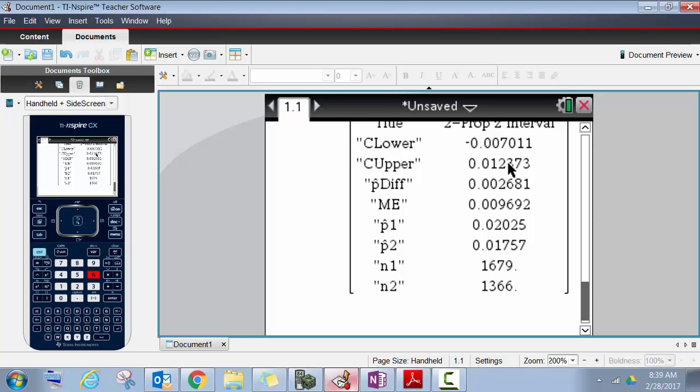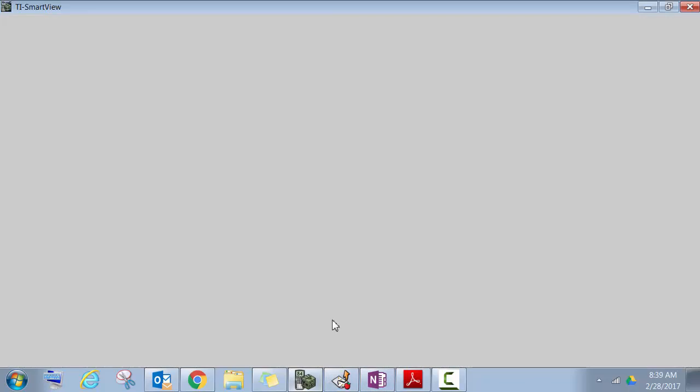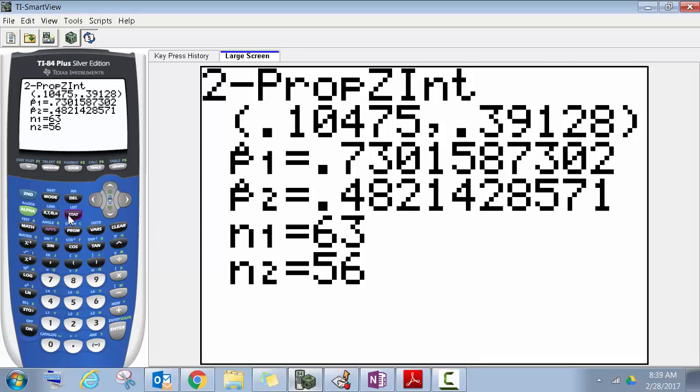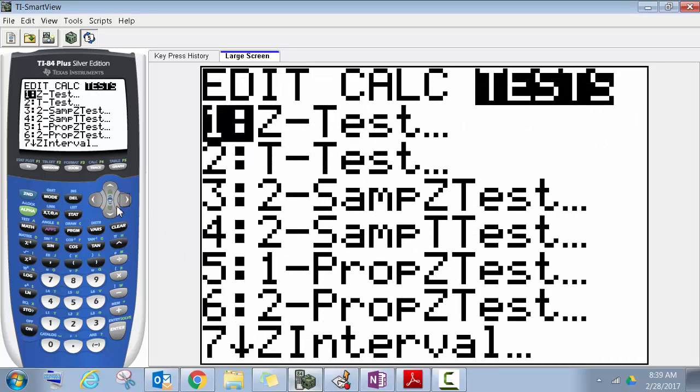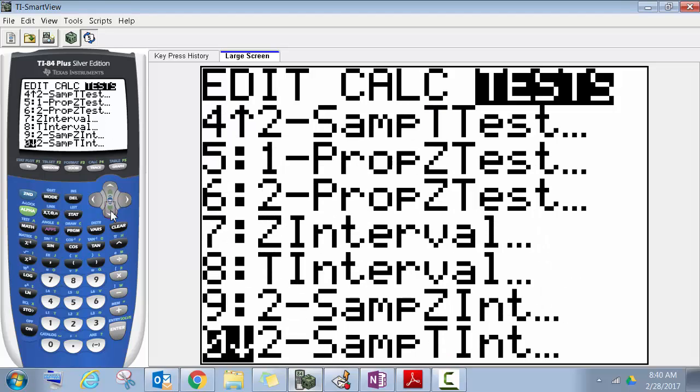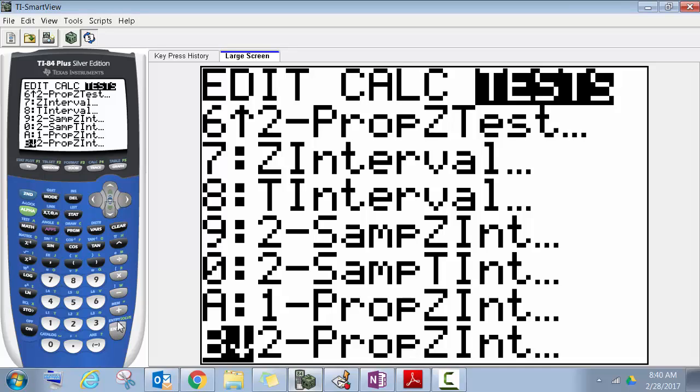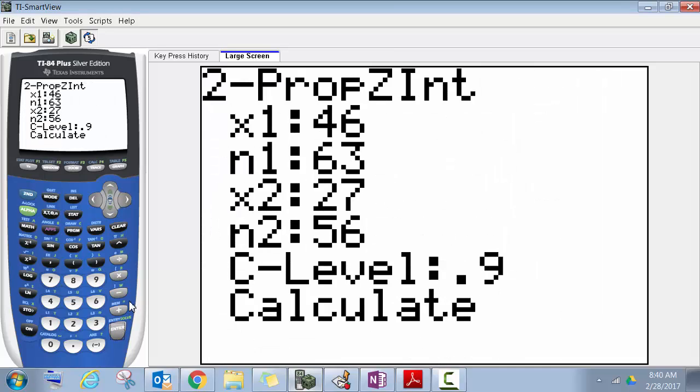There's our lower bound and our upper bound. Find it on this calculator, stat, not two proportion z-test, two proportion z-interval, so letter B down here at the bottom. We type in our data, calculate, and we get the same thing.